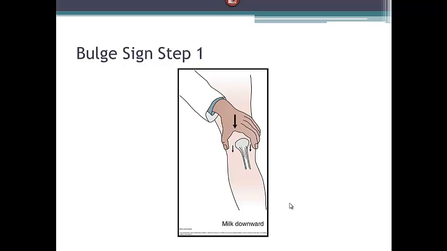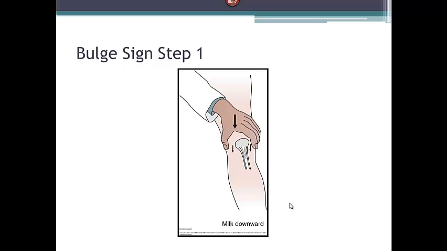Palpation-wise, examine with the knee in the supine position with complete relaxation of the quadriceps muscle. Start high on the anterior thigh at about 10 centimeters above the patella. Palpate with your left thumb and fingers in a grasping fashion. Proceed down towards the knee, exploring the region of the suprapatellar pouch.